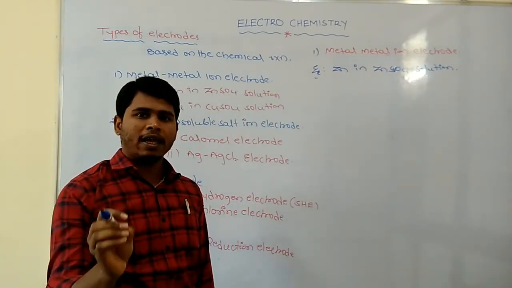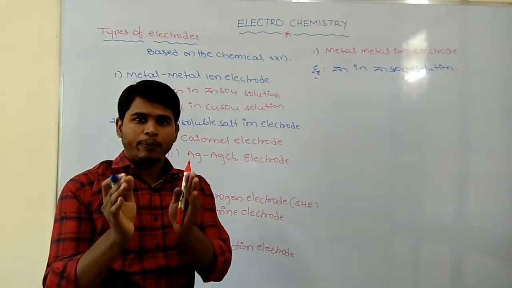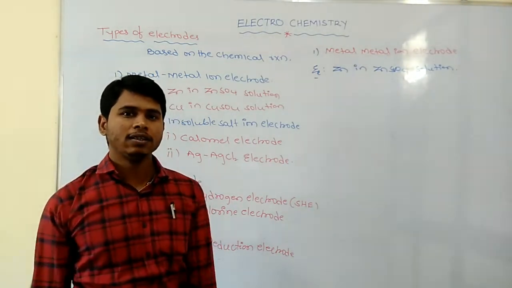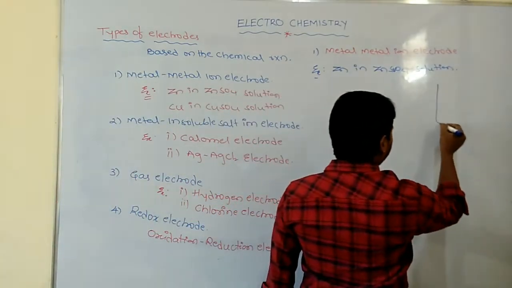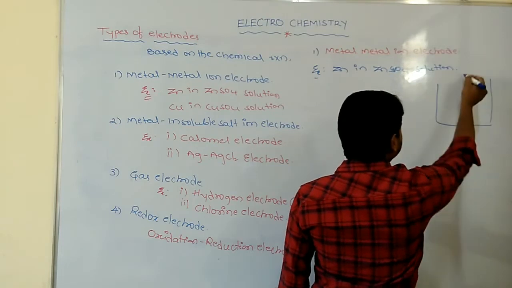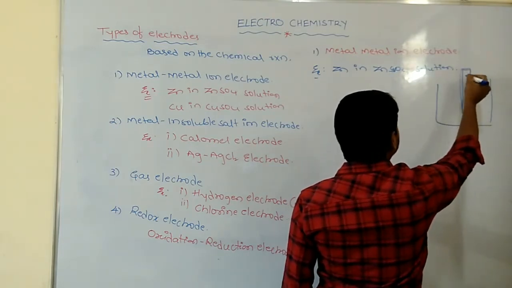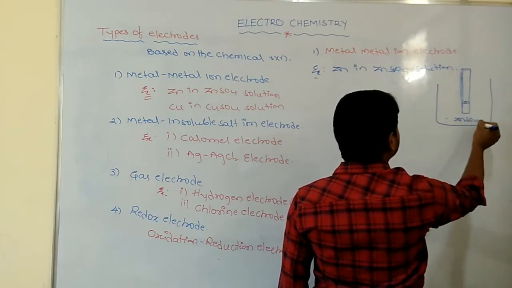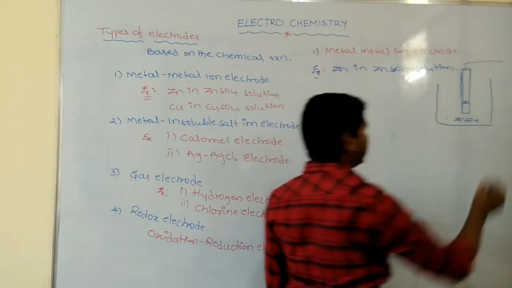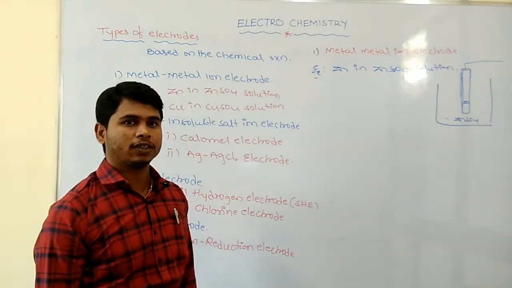The metal ion electrode is constructed by dipping the zinc electrode in zinc sulfate solution. So here it is the zinc sulfate solution, and this is the electrode, the zinc metal, and this half cell is connected to another half cell.